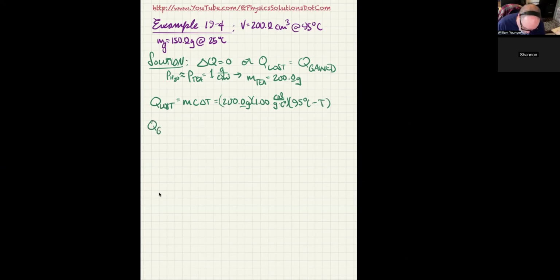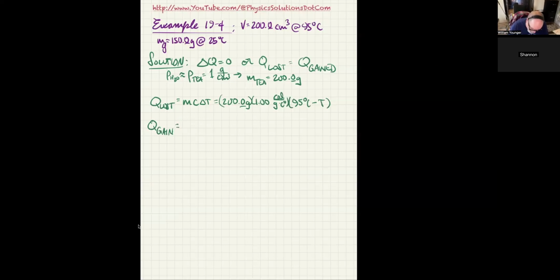The Q gained is the mass of the actual glass. And if I look up on the table of specific heats for glass, I see that it's 0.20.